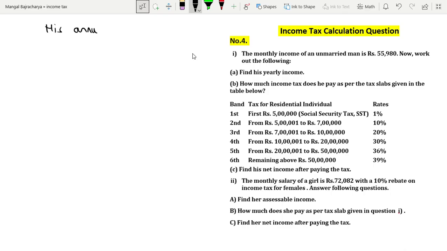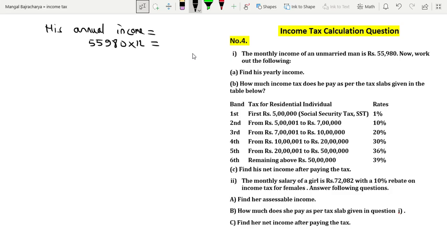So first we find his annual income. It is monthly income 55,980 into 12 months. If any allowance is given in addition, such as a festival allowance or something like that, we have to make some amendment, but here nothing is mentioned, so we just multiply by 12, or we calculate only for the 12 months.